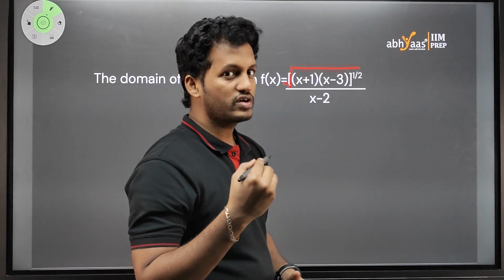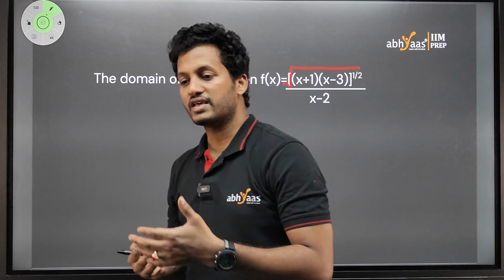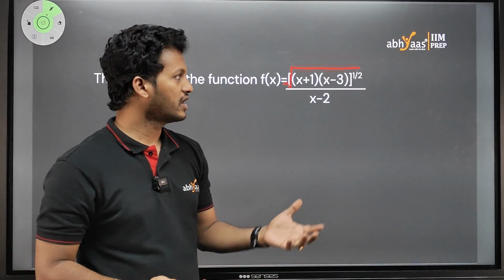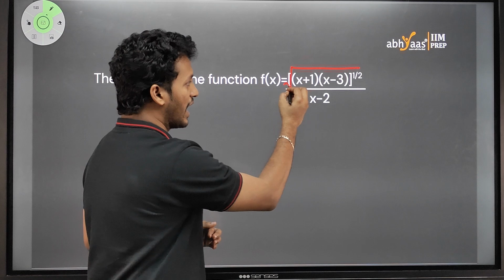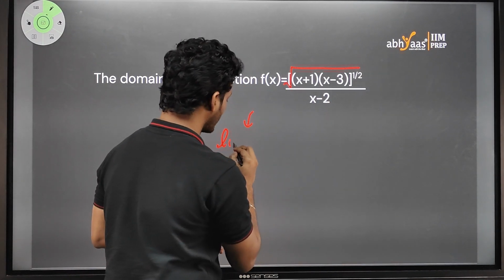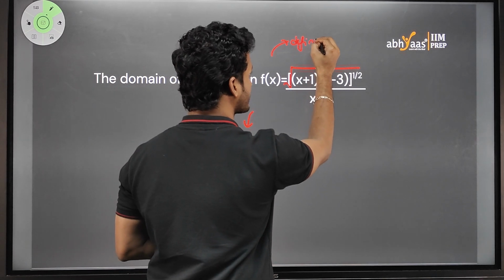So I have to define this function. Listen carefully, don't think that these are very easy. These are the critical problems where you can go wrong. Okay, so observe this carefully. I should know the limitations of this function. This is the definition of this function.